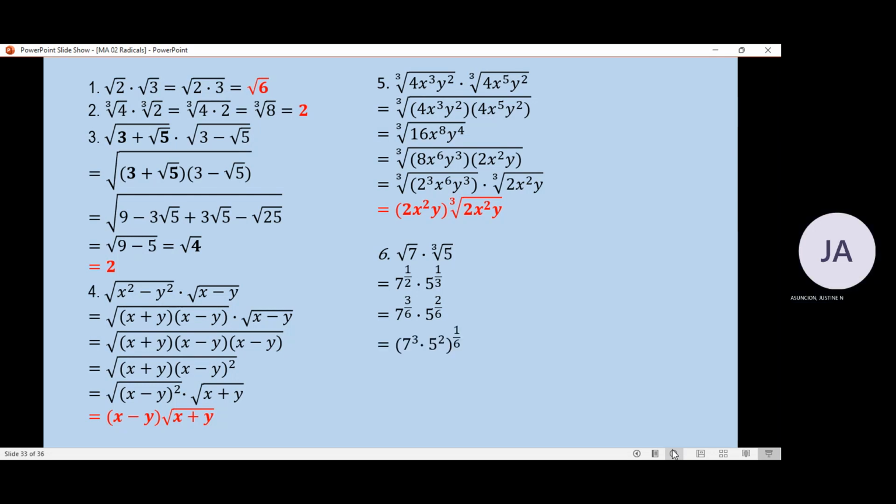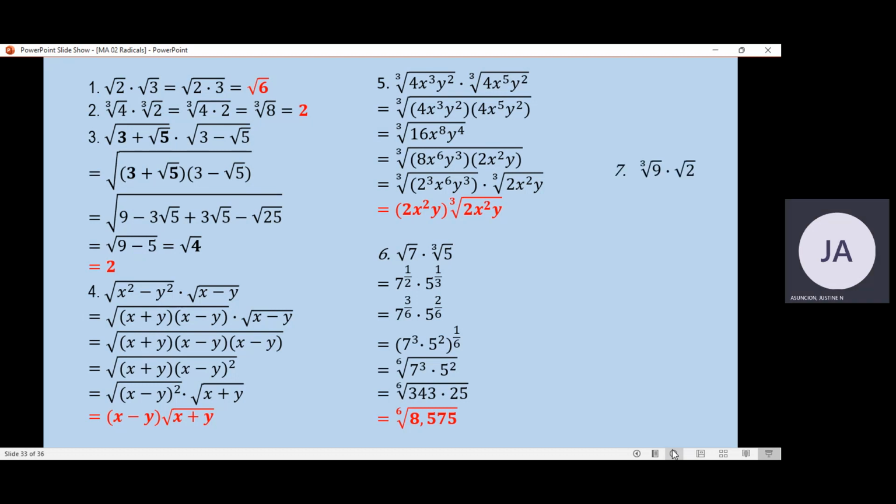So we have the quantity 7 cubed times 5 squared raised to 1 over 6, and 1 over 6 is simply the 6th root. The 6th root of 7 cubed times 5 squared. Let's simplify the radicand here: 7 cubed times 5 squared is simply 8,575. Therefore, the product of the square root of 7 and the cube root of 5 is the 6th root of 8,575.